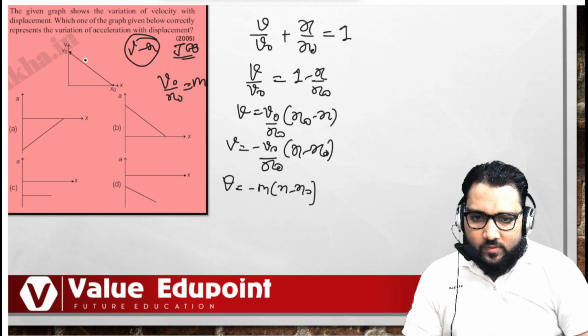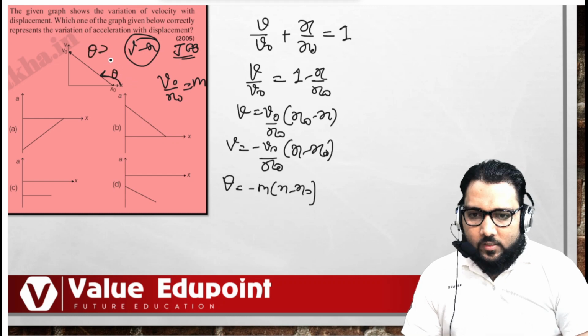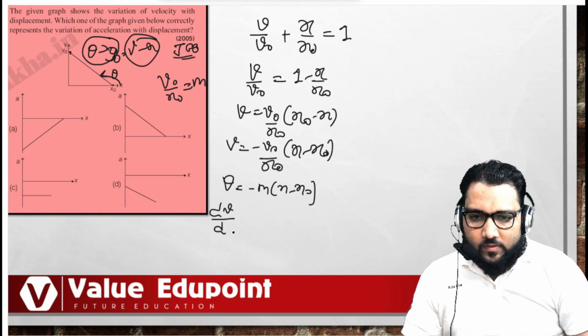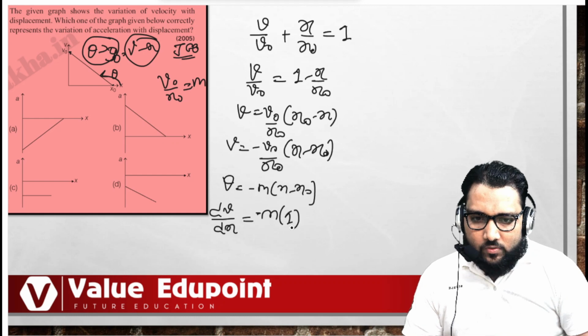We can easily see that this theta is more than 90 degrees, so the slope will be negative. We already discussed this. So this slope is negative, but when we differentiate with respect to x, this m becomes minus m, and the differentiation of the constant will be 0 and x will become 1.